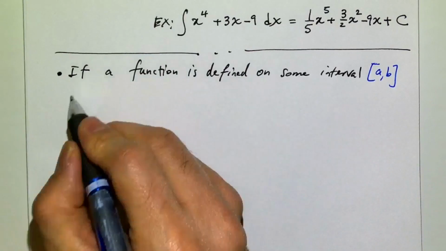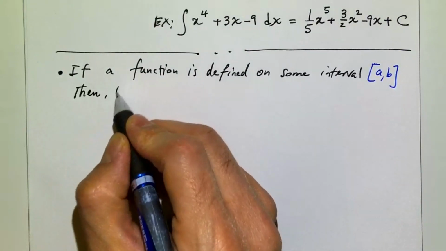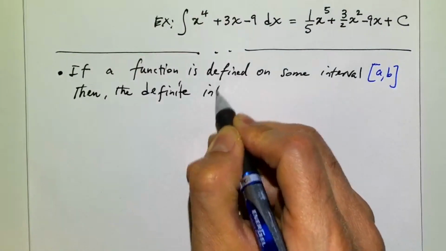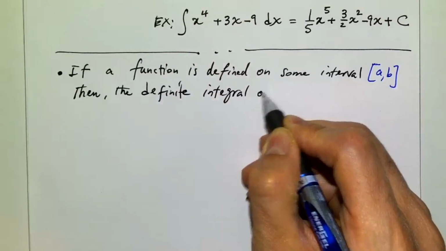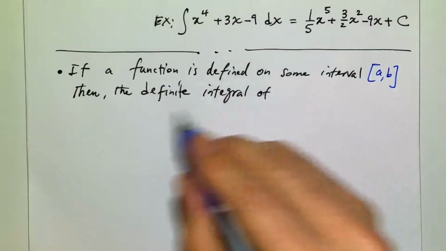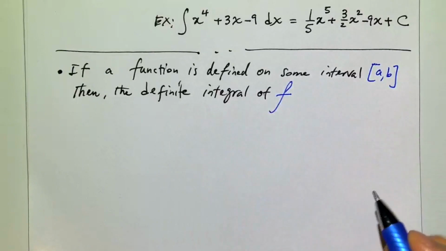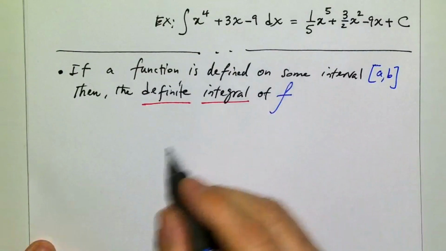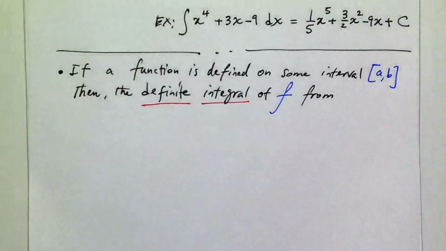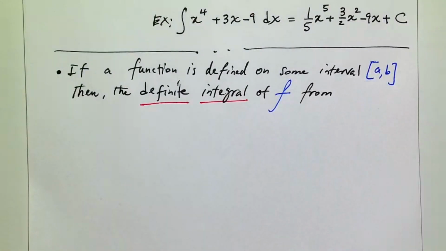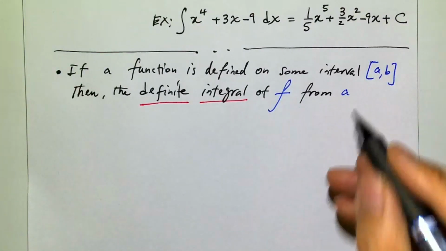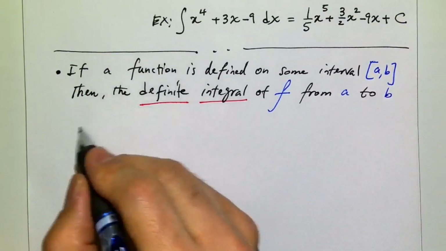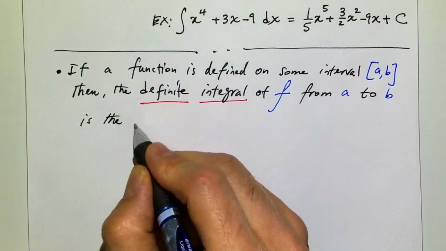Then the definite integral of f from a to b, or over this interval from a to b, is the number.